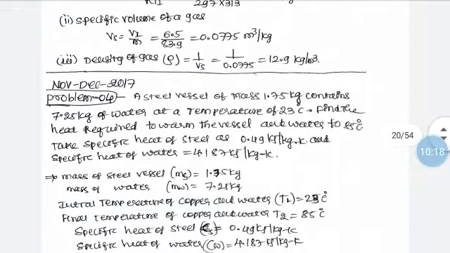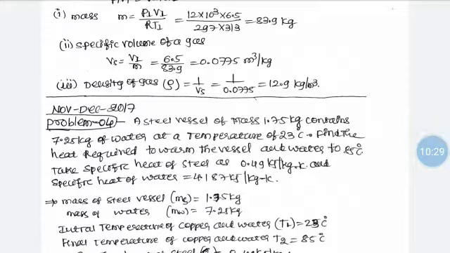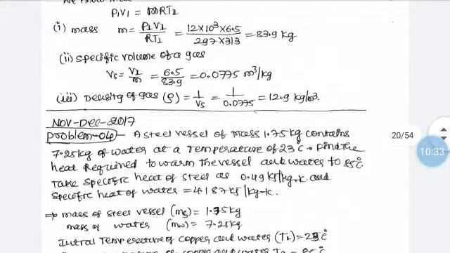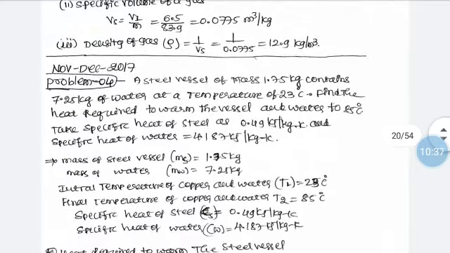So the density of gas rho is equal to 1 divided by Vs, the reciprocal of the specific volume. Vs is nothing but the specific volume we calculated in the second step. So the density is 12.9 kg per meter cube.